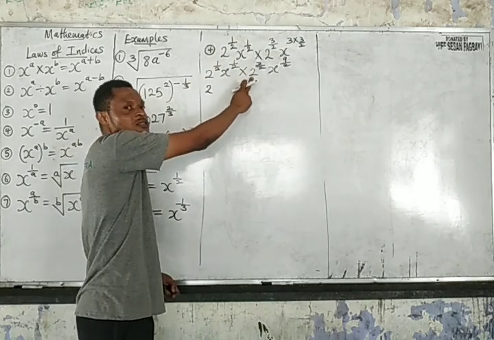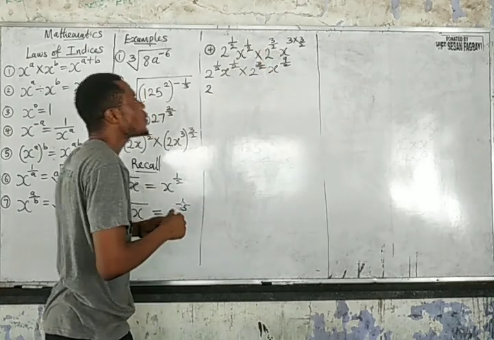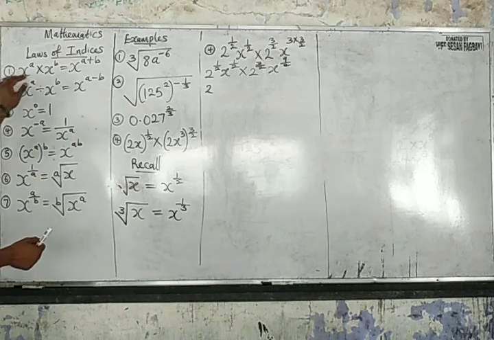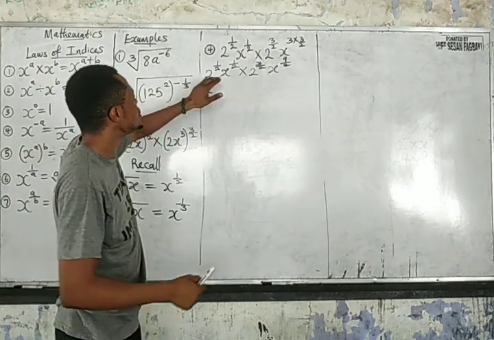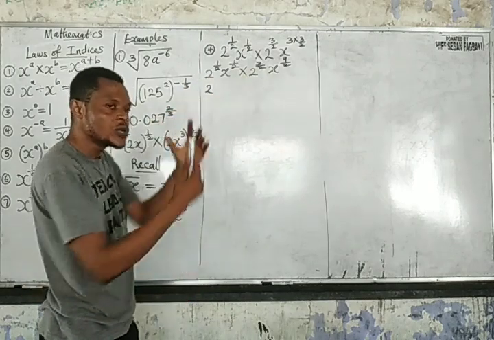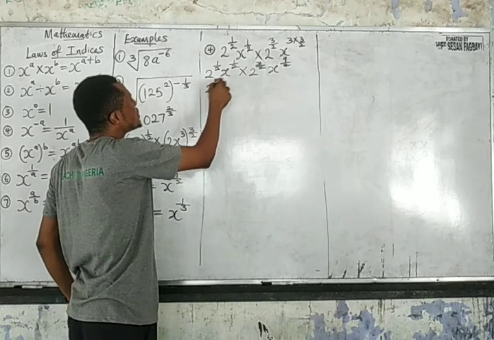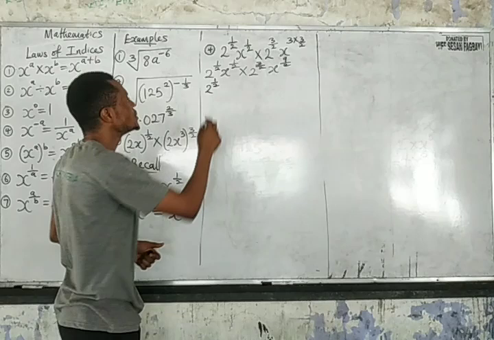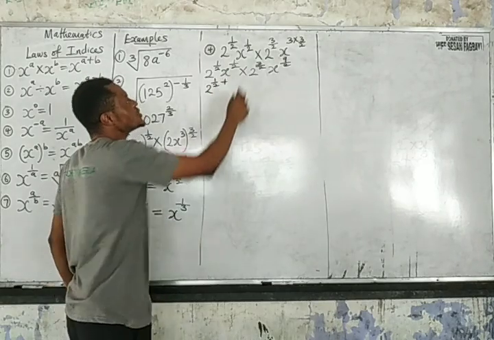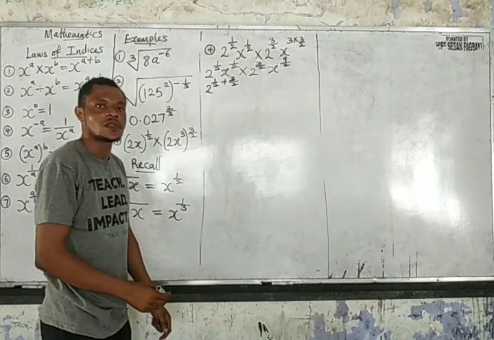We also have another 2 here, raised to the power of 3 all over 2. So considering the first law of indices, we have the same base here, which is 2 and 2, so we group them together. We now have 2 raised to the power of 1 all over 2. The multiplication sign here, we turn to addition. We have plus, then 3 all over 2.